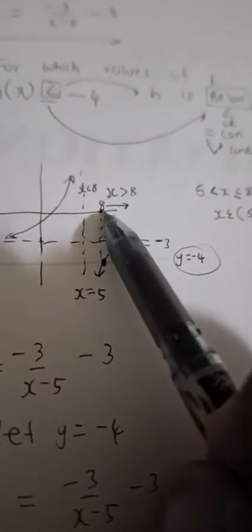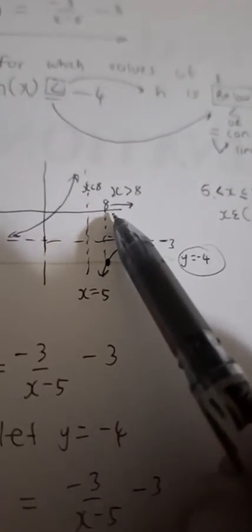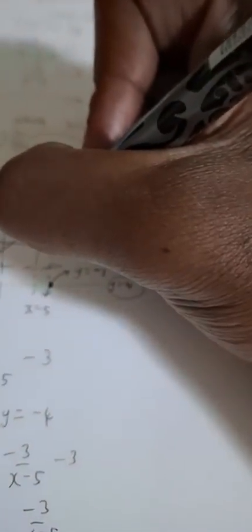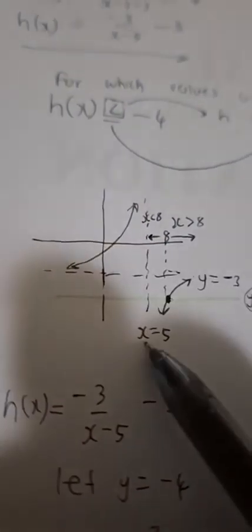Then for us to speak about the function being below, where does it start being below? The minute we are less than 8. But it goes and goes until just after 5.